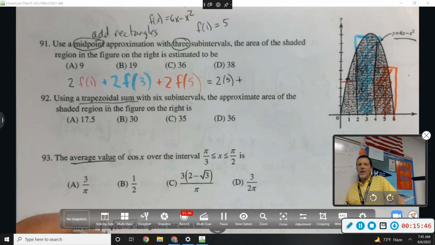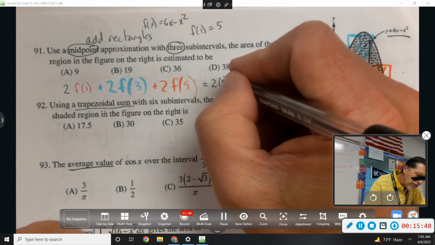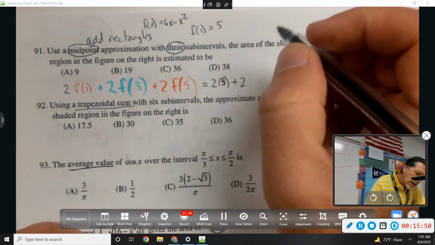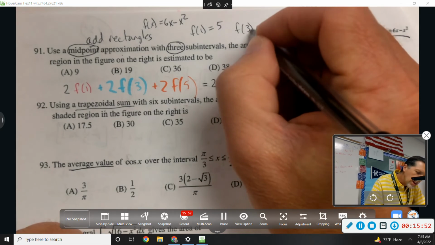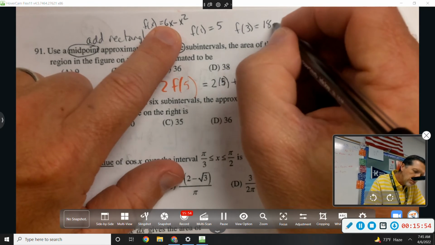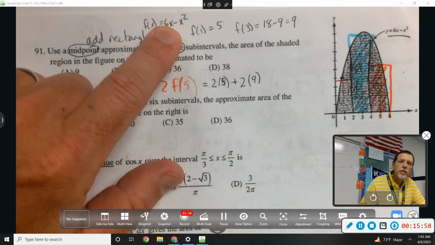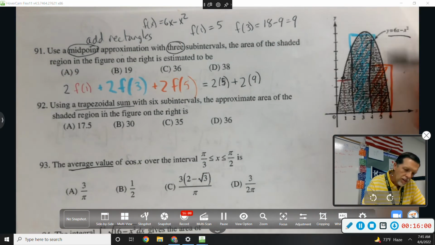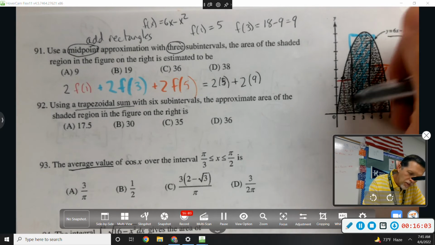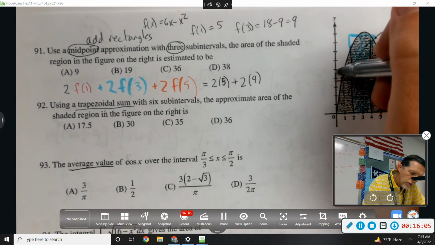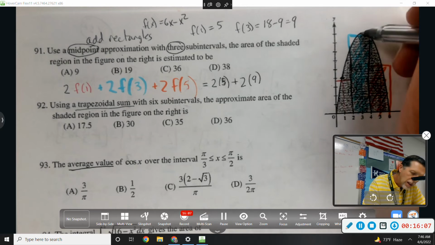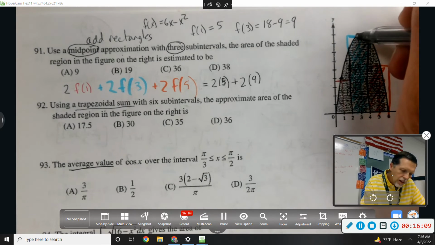I don't want to trust the graph, but I can certainly use the graph to verify. F of 3 would be 18 minus 9 is 9. Height at 3 is 9. And again, I can use the graph to make sure that makes sense. 1, 2, 3, 4, 5, 6, 7, 8, 9. Yeah, I think that's right.